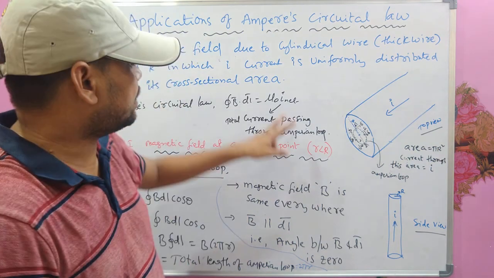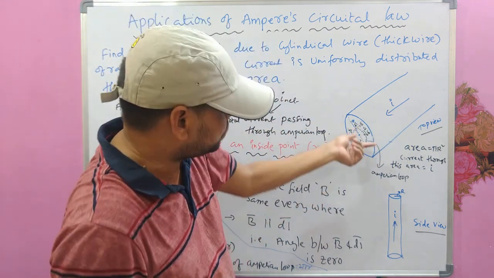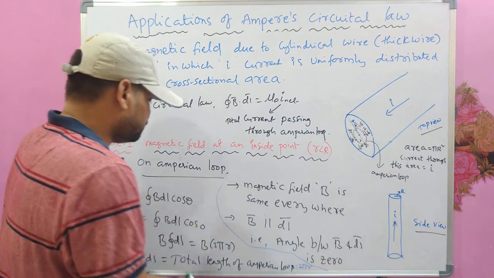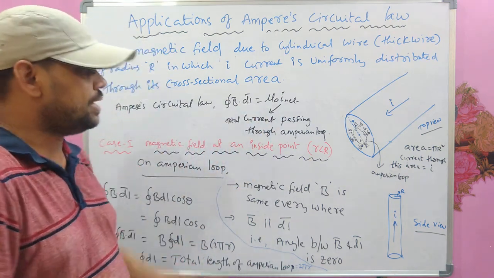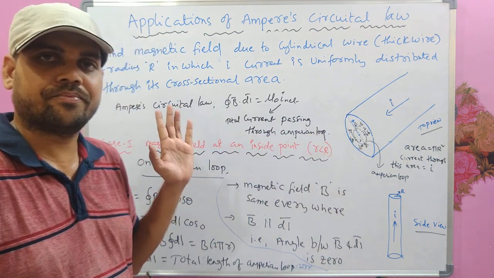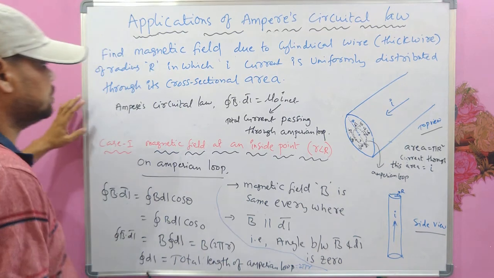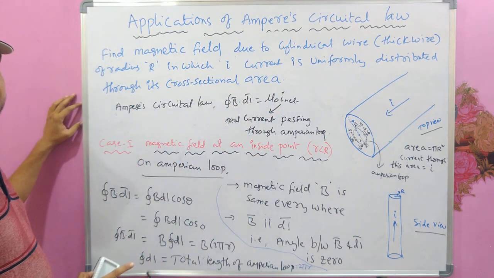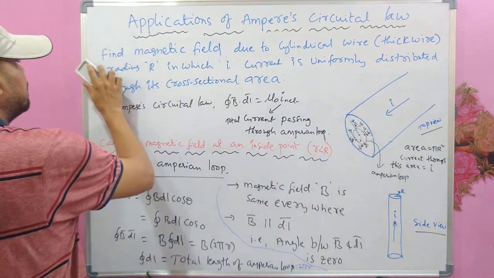Now we will calculate what is I net, the net current passing through this Amperian loop, so that if we substitute this and that in this equation, we will get the formula for B at this point P. Okay, now let us do that. Calculation of I net for this loop.